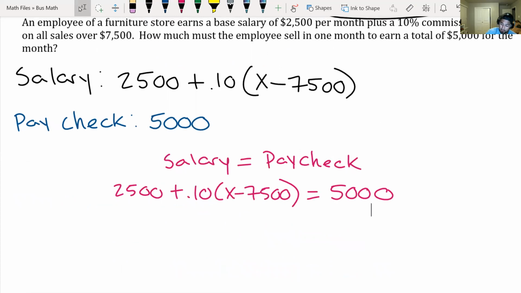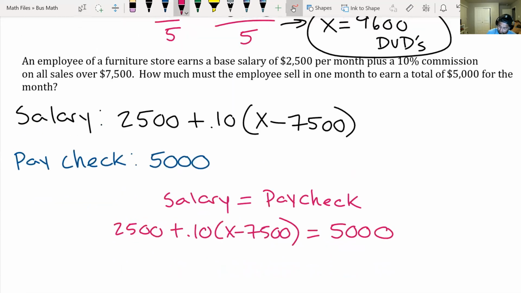So all we have to do now is solve for X. So first thing you're going to do is distribute that 0.10. So we distribute the 0.10.